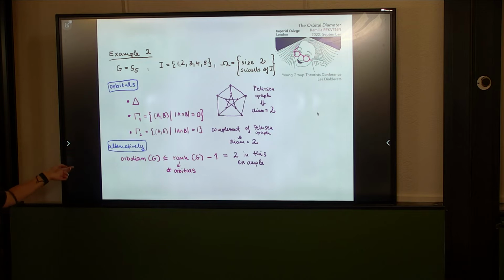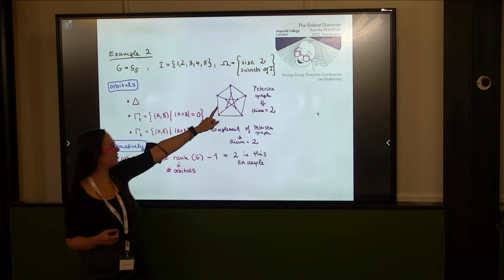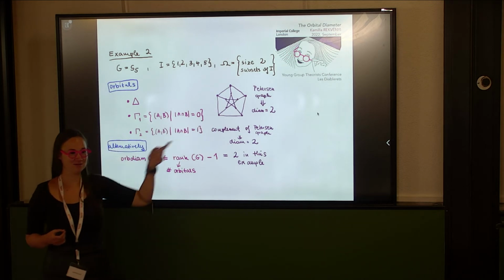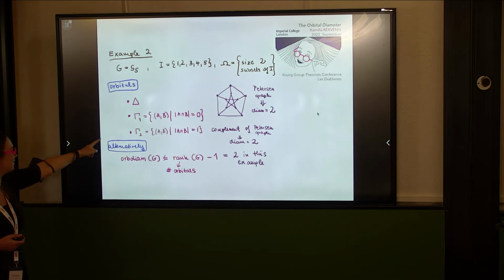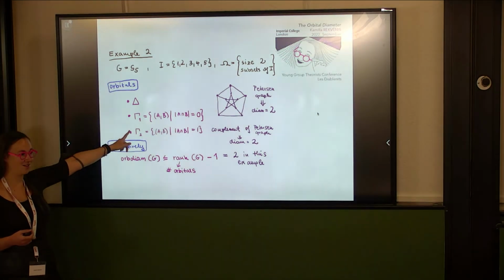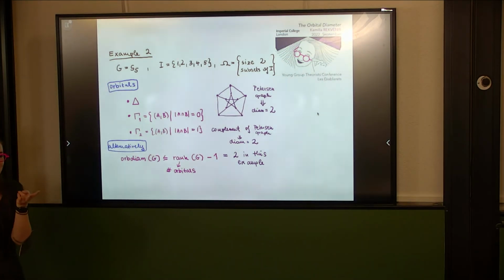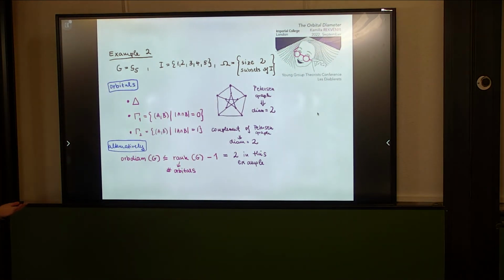And then the other one is where the 2 pairs have an intersection of size 1. For this one, the orbital graph is the Petersen graph. This has diameter 2. And then the complement of the Petersen graph is the orbital graph for gamma 2, and that also has diameter 2. So the orbital diameter of this is 2.